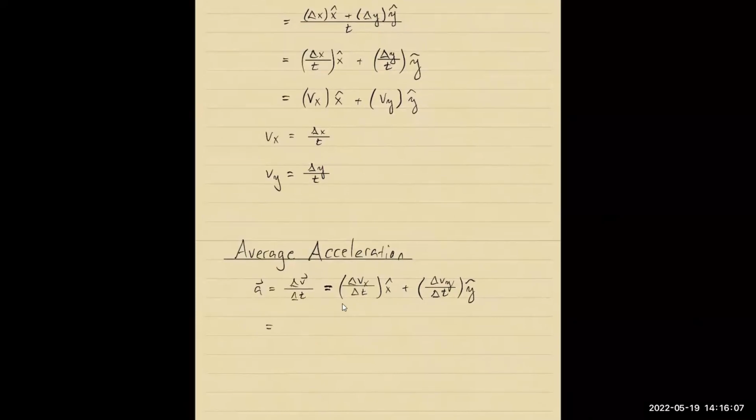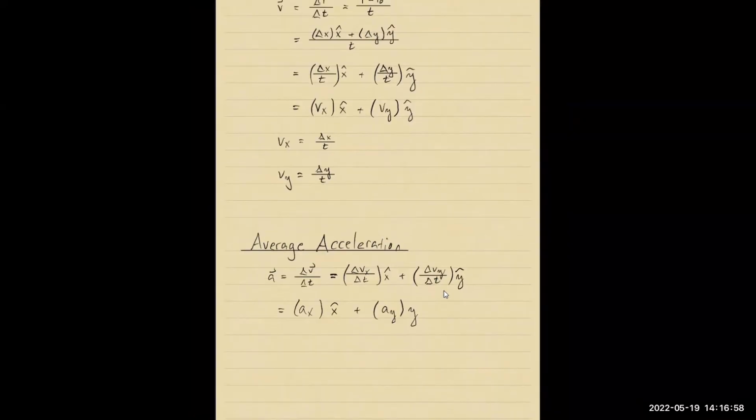So this first thing in parentheses is just our average acceleration in the x direction, and the second thing in parentheses is just our average acceleration in the y direction. So these are the definitions we're going to be working with going forward in today's lecture.